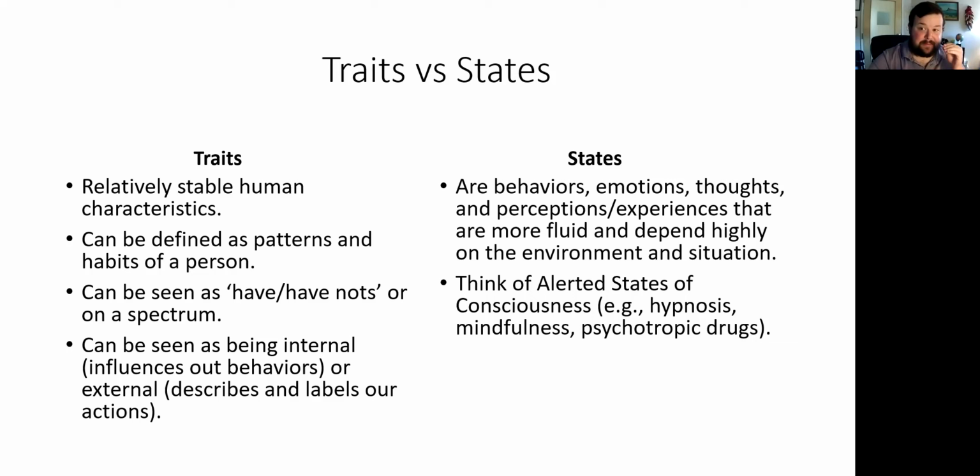So it's going to be specific to what's happening in the moment. So a way to understand this is think of altered states of consciousness. For those who have experienced hypnosis, mindfulness, psychedelic drugs, and other psychotropic medications, these can influence different traits and perceptions, thoughts, and behaviors because of the state of the situation.